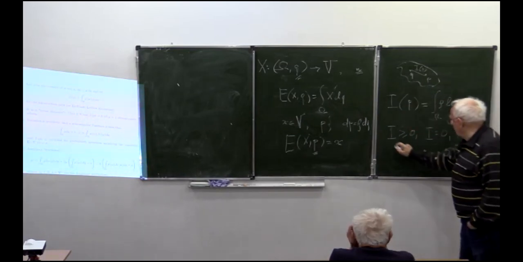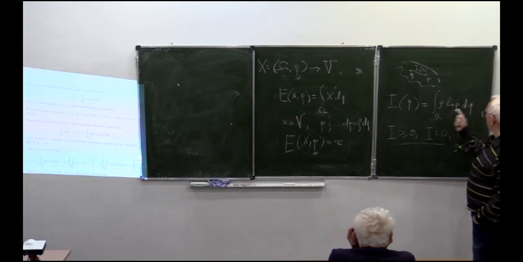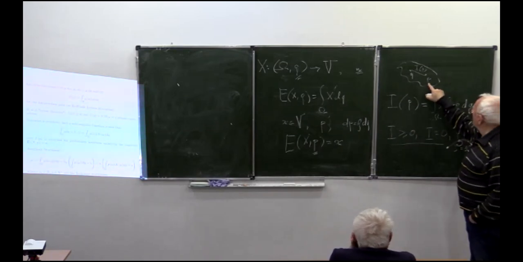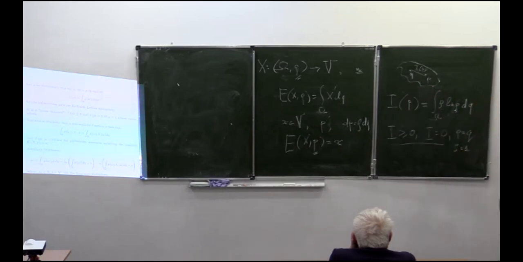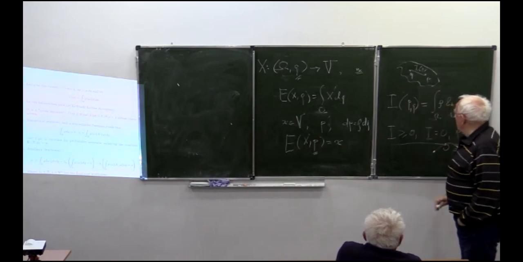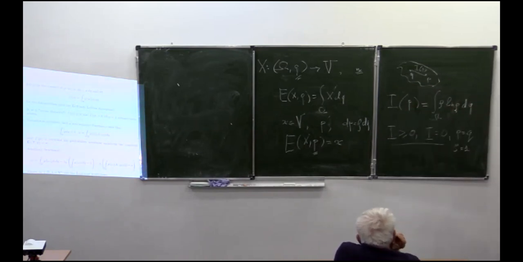What is important for us is that the requirement that this integral be minimal really will give us the measure p closest to q. Actually, this I depends both on p and q. Strictly speaking, I should write it like this, but I said that q is fixed for us, so we will avoid using the q.